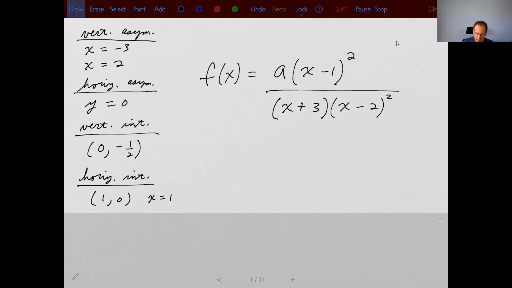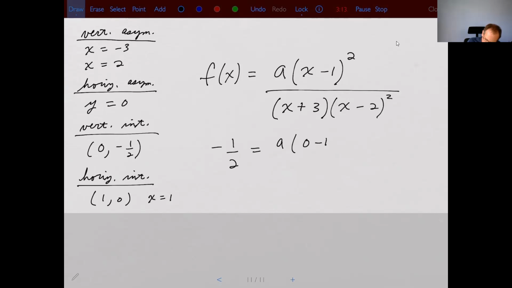Great, so we almost have exactly the function that we need. We just have to figure out a. So let's plug in a point. In this case, the easiest point to plug in is the vertical intercept, because we know the graph passes through the y-axis there. So let's plug in that point. I have negative a half, that's my y, equal to a, and then the x was 0.